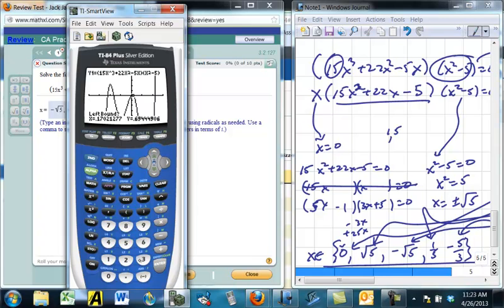It won't tell us what it is, but it's somewhere between 2 and 3. So I'll give it a left bound of 2, a right bound of 3, and we'll guess 2.5. And it's actually closer to 2.2. And again, there's our x, but this time when you try to change to a fraction, it won't do it. It's irrational.